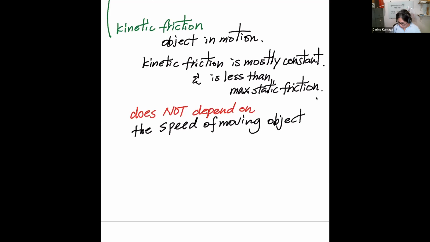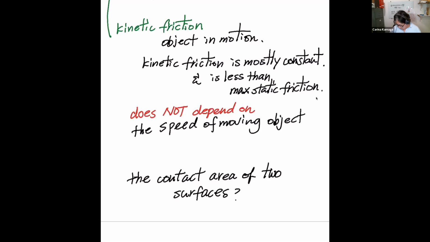Does it depend on the contact area? No, it does not depend on the contact area of the two surfaces.